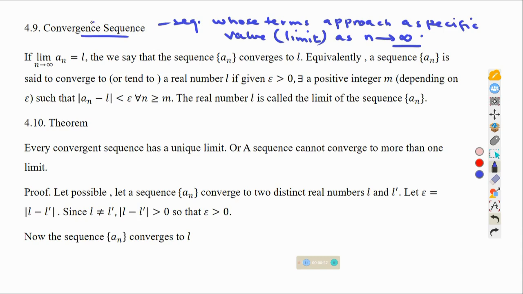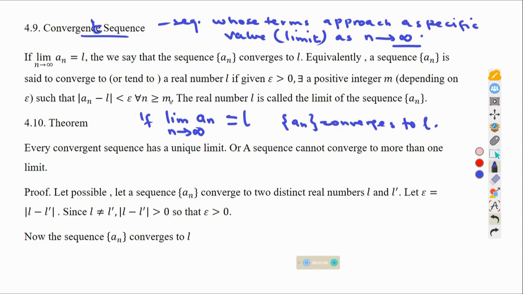So we shall be saying a convergent sequence is simply that sequence whose terms approach a specific value as the number of terms keeps on progressing to infinity. In other words, if you take the limit as n is tending to infinity of an, and this gives you L, then we say that this sequence an converges to L, and for that case, it means it is a convergent sequence.